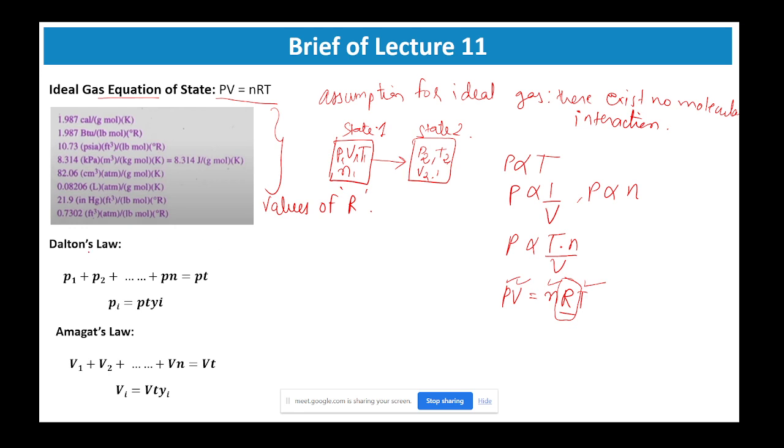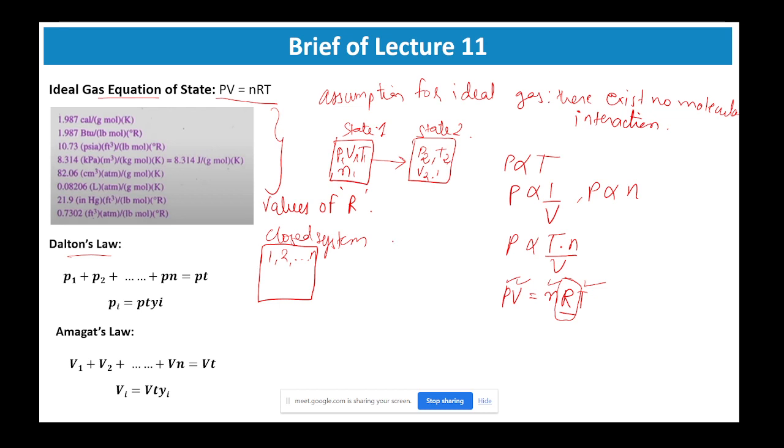Now, another important law that was highlighted in the lecture was Dalton's law. So, for example, if you have a closed system and you have n components present in it.